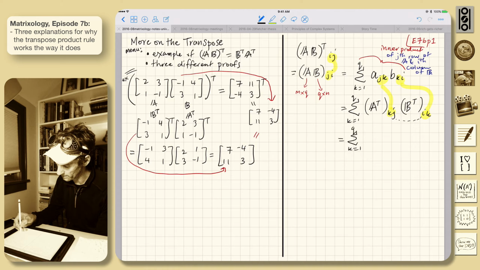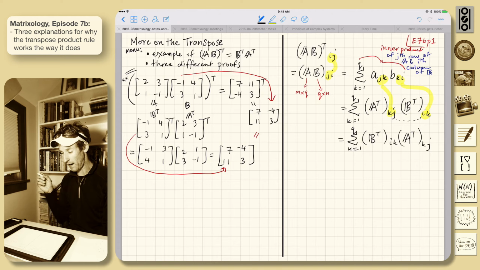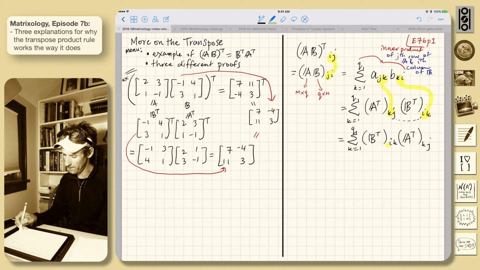This is pretty great. B transpose, and so now we're going to have IK, A transpose, KJ, and so now this is written in the way that this is the dot product of the ith row of the transpose of B, the inner product with the jth column of the transpose of A, and that is a very nice product rule story.